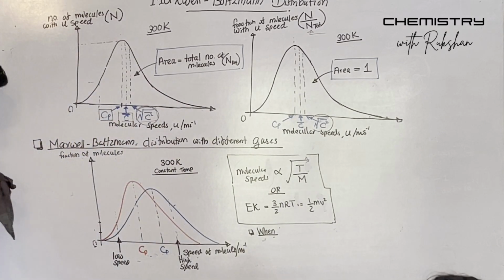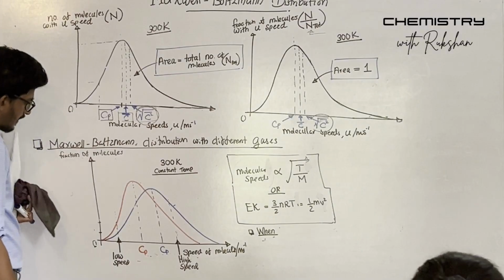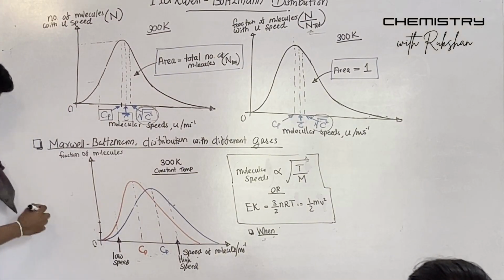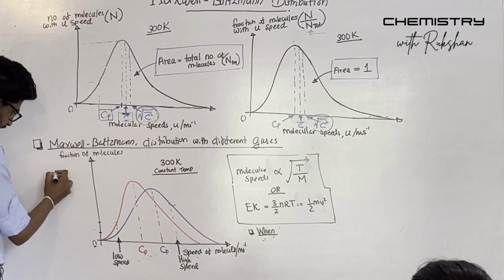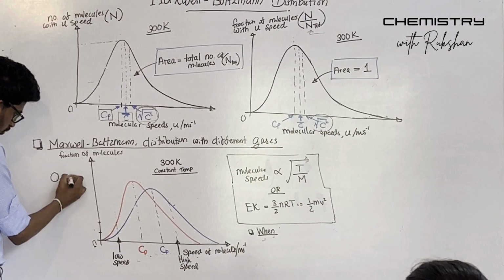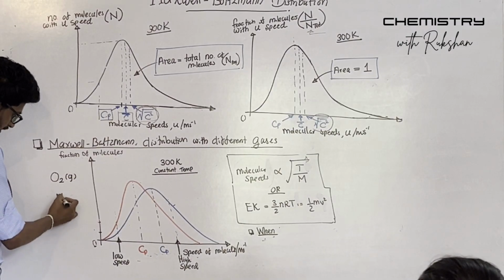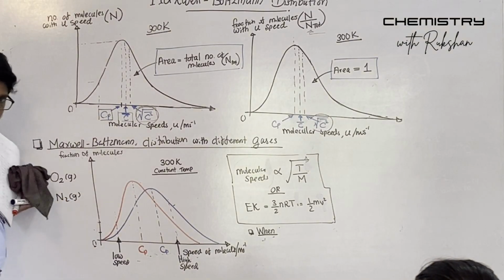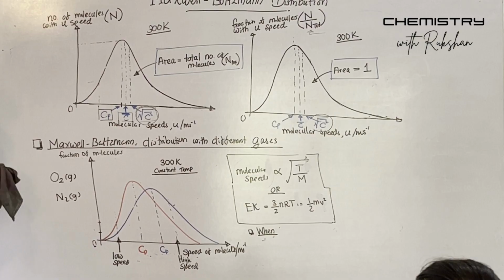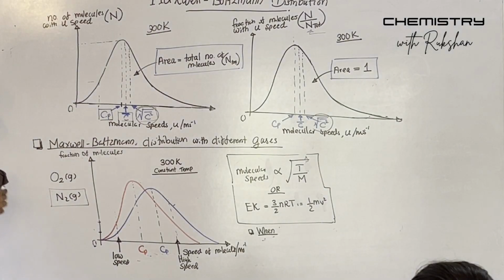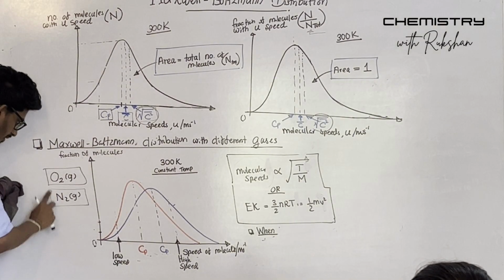Tell me, think that these two curves represent two gases, the O2 gas and the N2 gas, right? Tell me which curve represents the N2 gas. Let's say this curve represents the O2 gas.